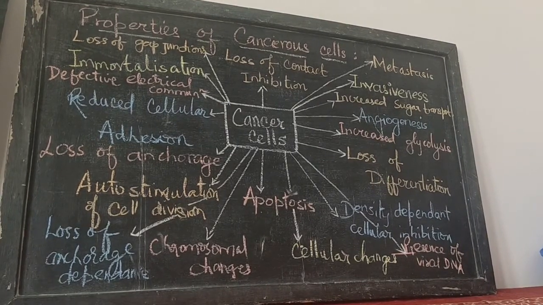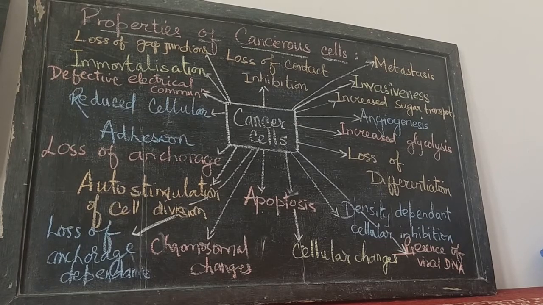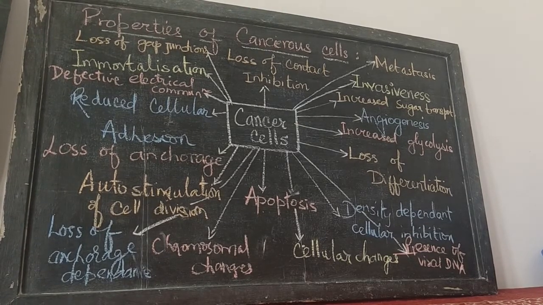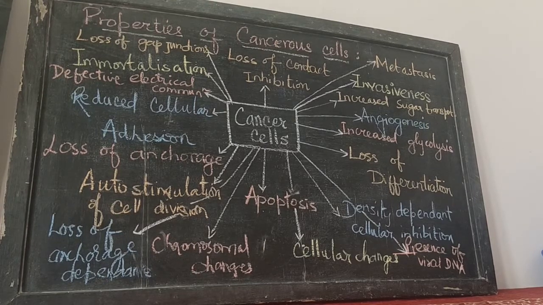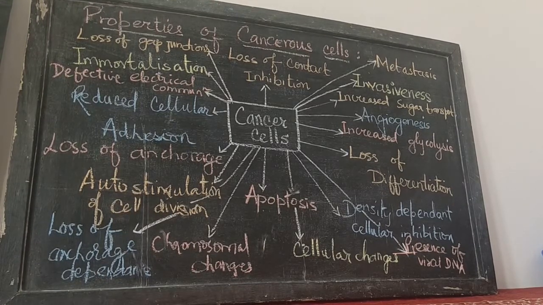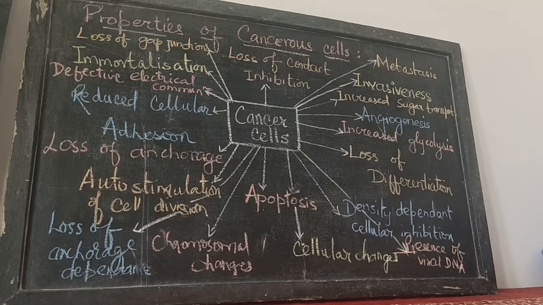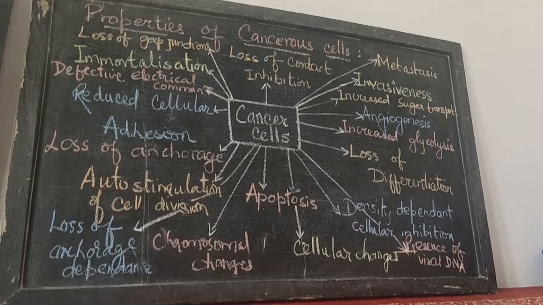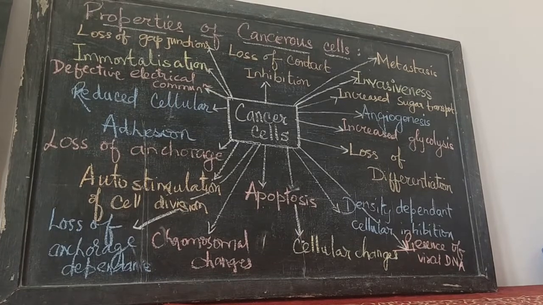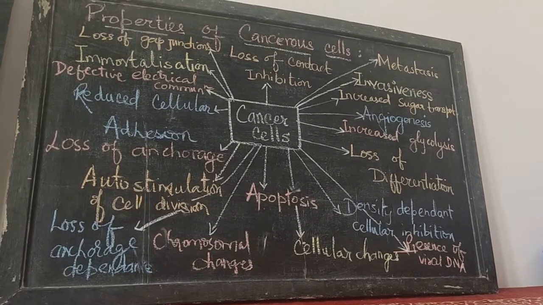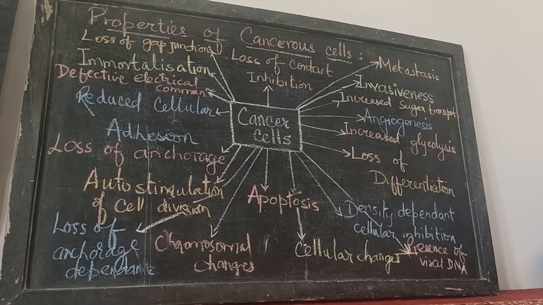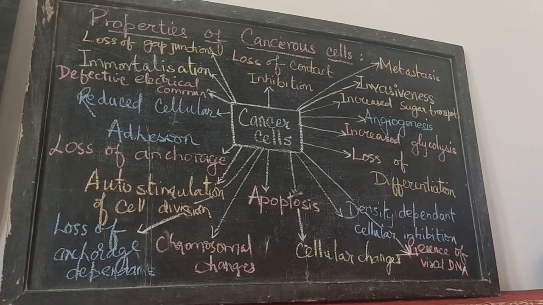Between each of the phases, there are checkpoints to regulate or control the cell cycle or cell division. It is done by using a complex of enzymes called cyclins. But in cancerous cells, cyclin complexes are never given a chance to act on the dividing cells.